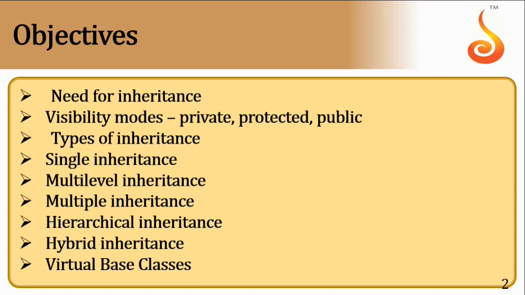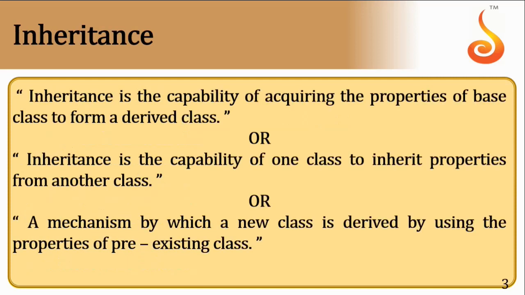So inheritance, what is inheritance? Inheritance is nothing but the ability of acquiring the properties of the base class in the derived class. That is nothing but creating a new class from an existing class. That is creating something new from the existing.